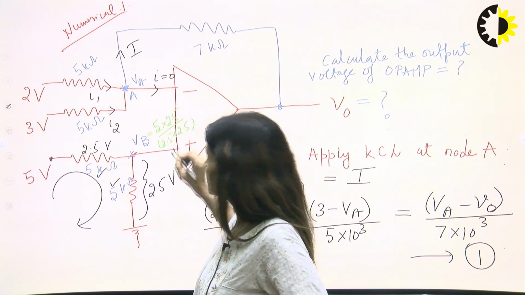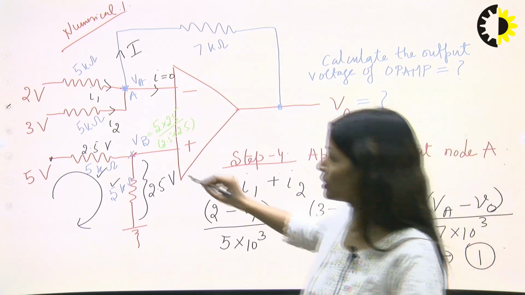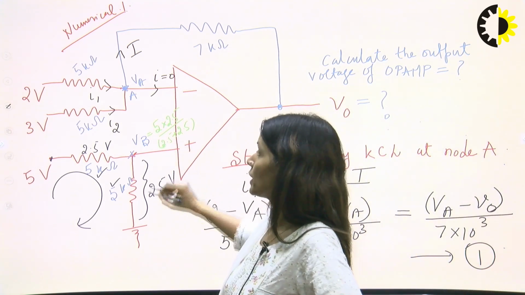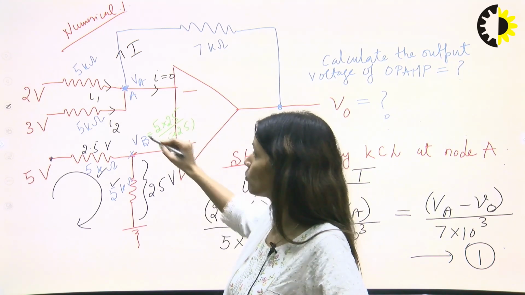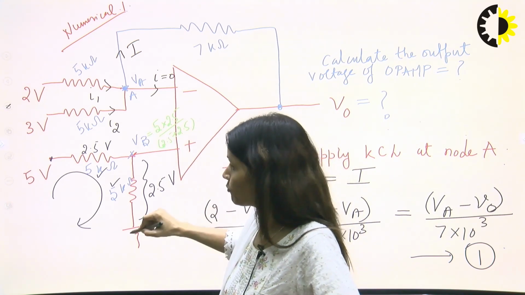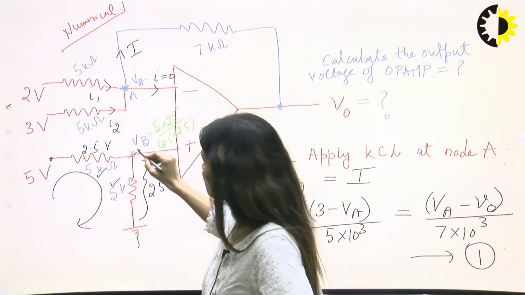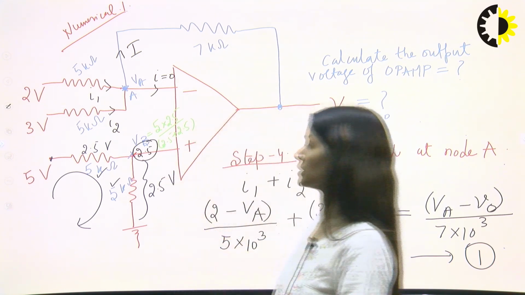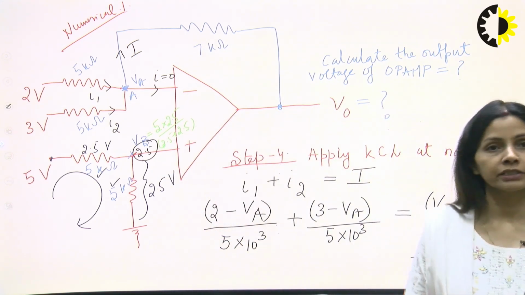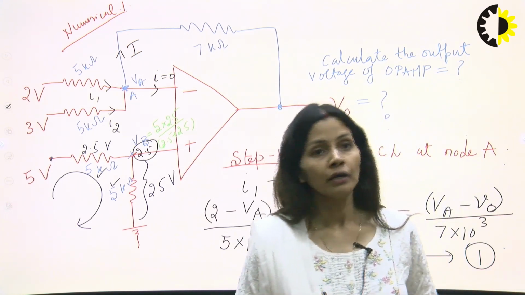This is my voltage divider rule. So this will give me VB as 2.5 volts. 2.5 upon 5, the 5 cancels, and VB will be equal to 2.5 volts, which I already considered as 2.5 volts because the resistances were equal. So I simply applied the voltage divider rule.